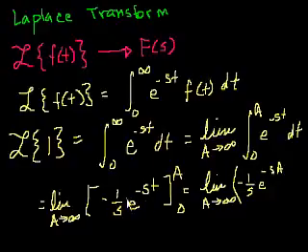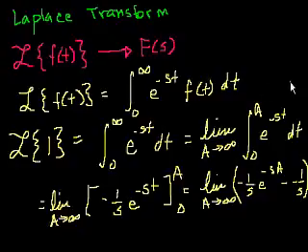That's what happens when I put a in here. Minus, now what happens when I put t equals 0 in here? When t equals 0, it becomes e to the minus s times 0. This whole thing becomes 1. And I'm just left with minus 1 over s. So I had minus 1 over s.